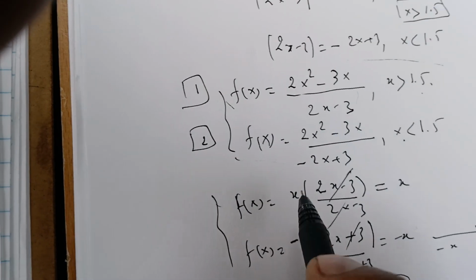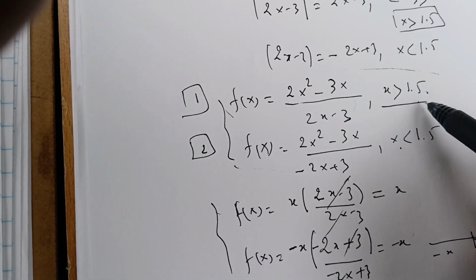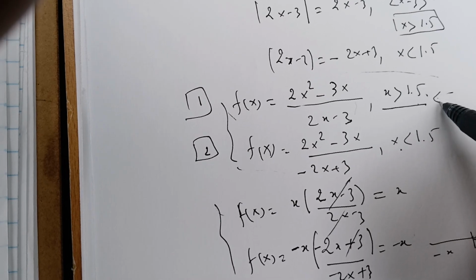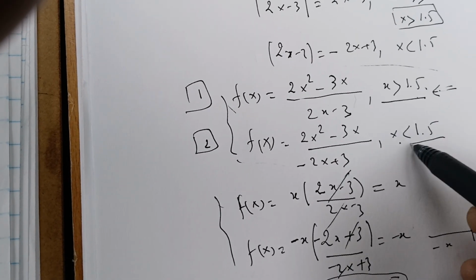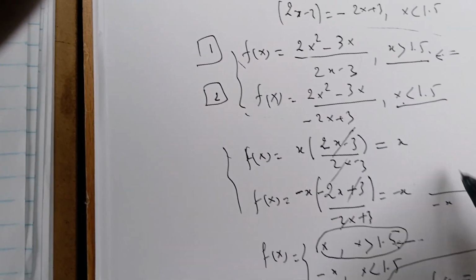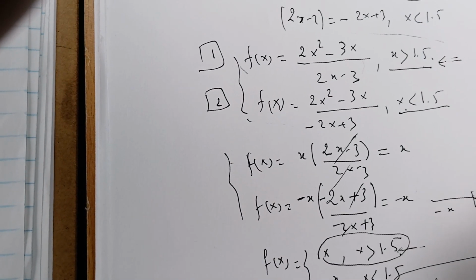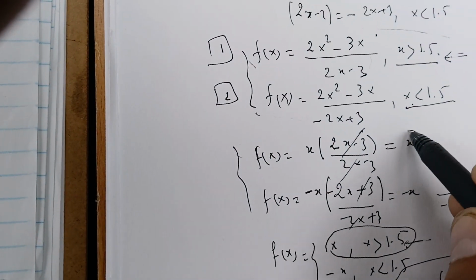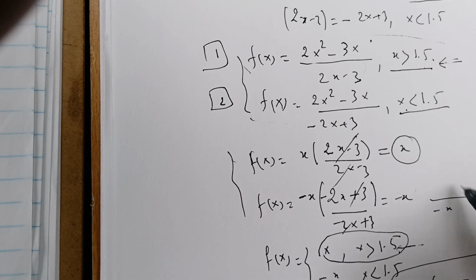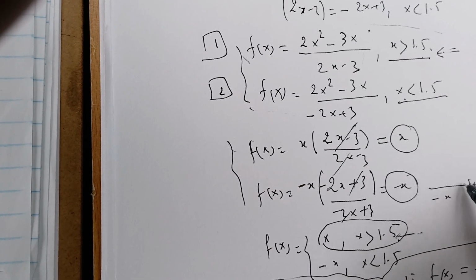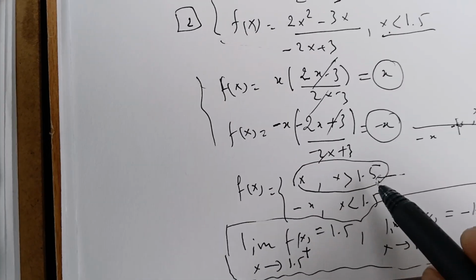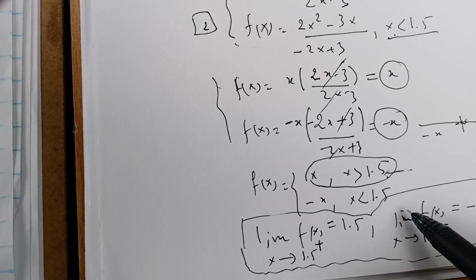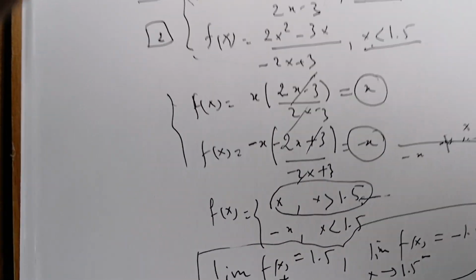Anyways, the good thing is to be able to see what's the limit from the right and what's the limit from the left. The limit from the right, when x is bigger than 1.5, you have this function, which is x. And the limit from the left, you have this function when x is less than 1.5. And we can just compute the limits. Okay? And this ends our video.